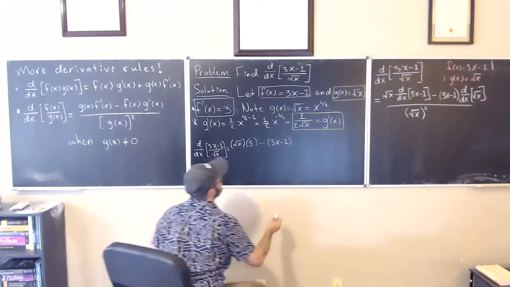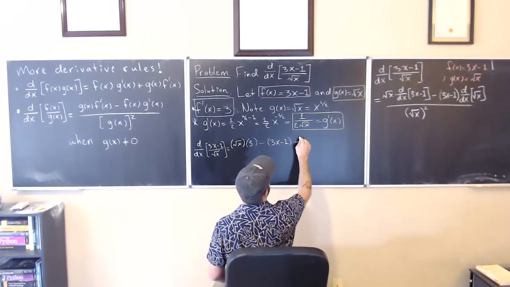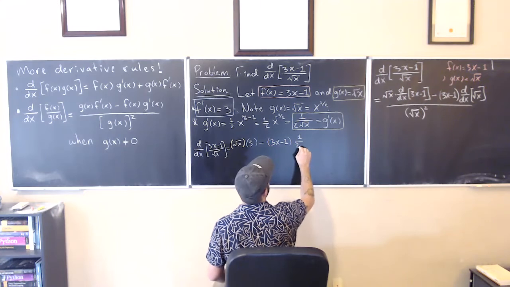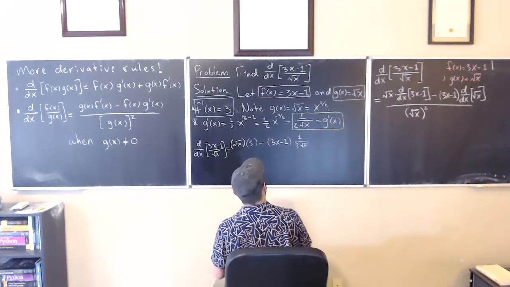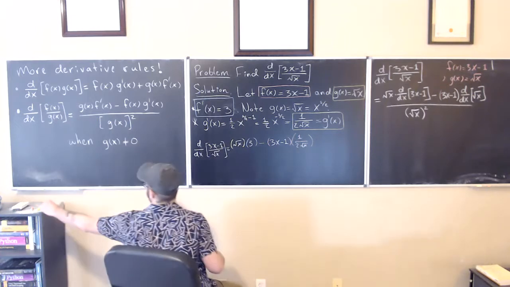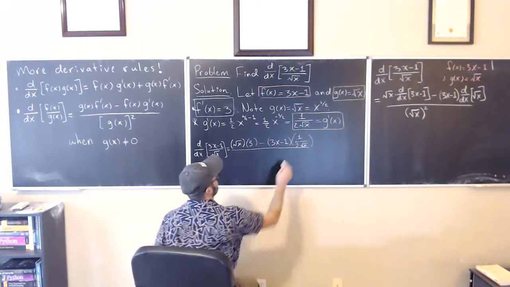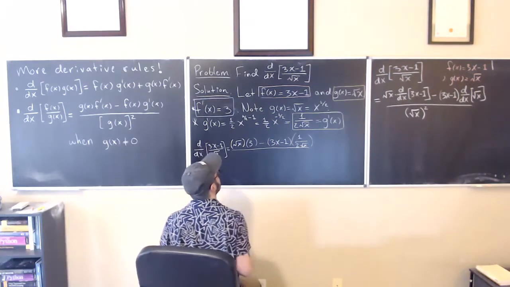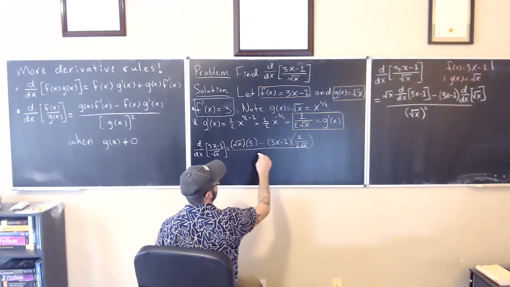Okay, so g prime is 1 over 2 root x, and that's in green. And then we have g squared in the denominator.